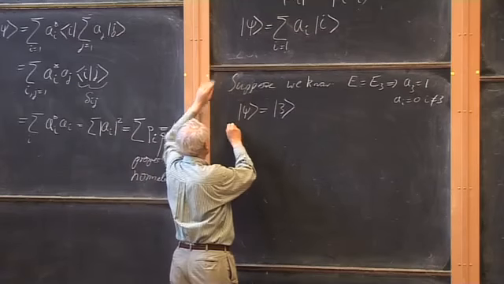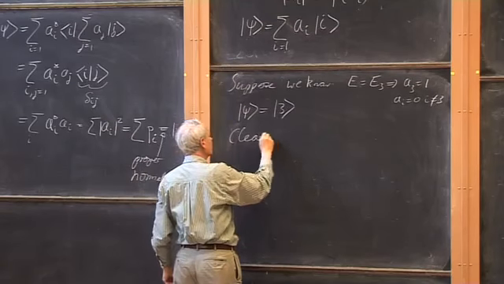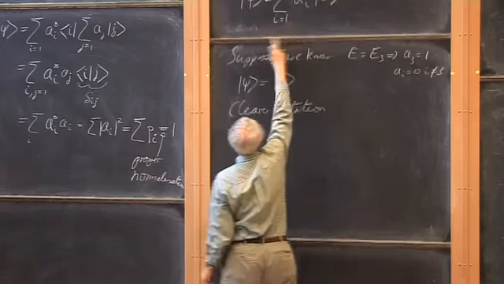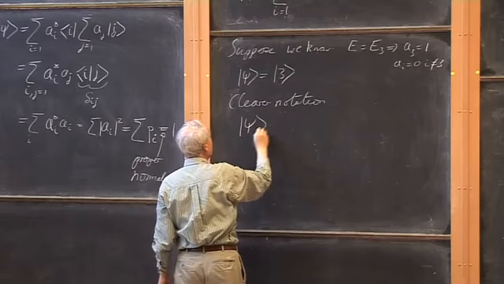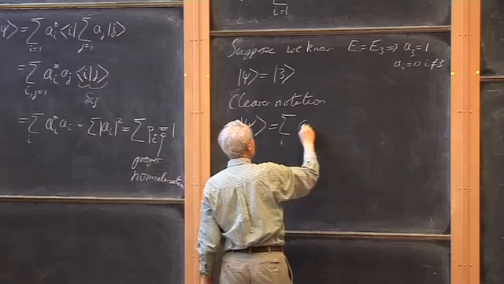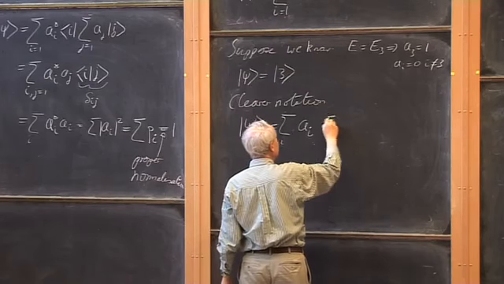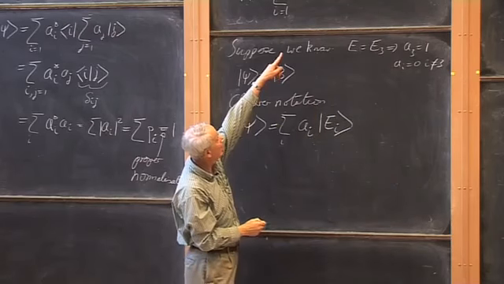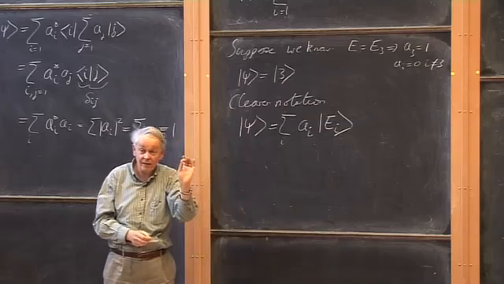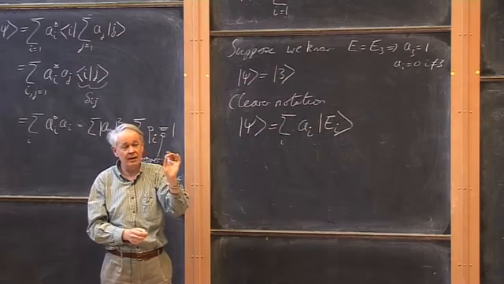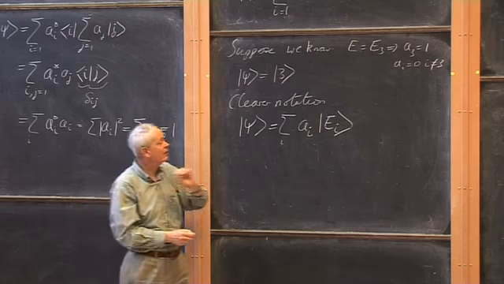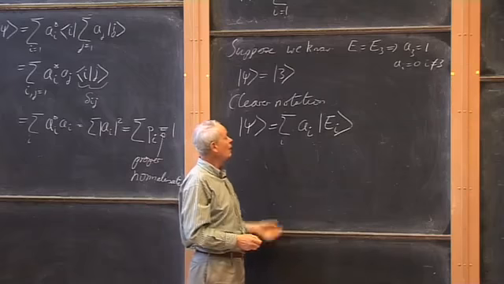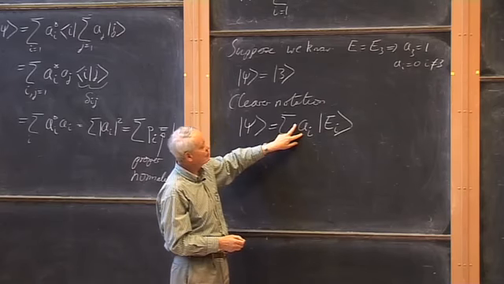So a clearer notation is to rewrite that as psi is the sum over i of Ai times |Ei>. This makes it clear what we've just established, that the thing |Ei> is actually the quantum state of definitely having energy Ei. So we've discovered the physical meaning of those abstract basis vectors when these are the amplitudes to measure the different energies.